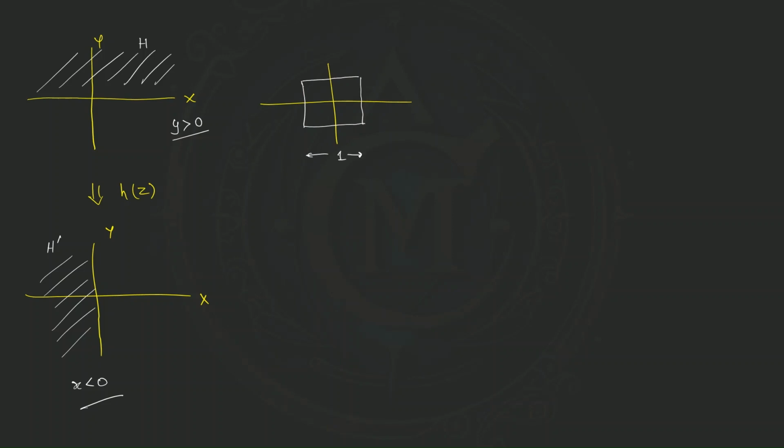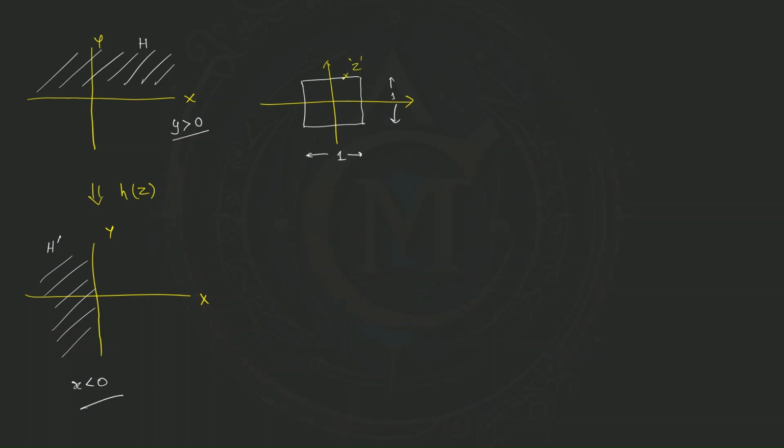Multiplying any point on this unit square with iota gives another complex number which is 90 degrees counterclockwise to the old complex number z.